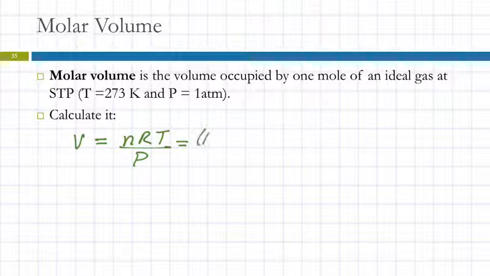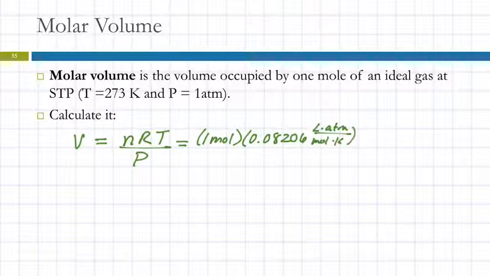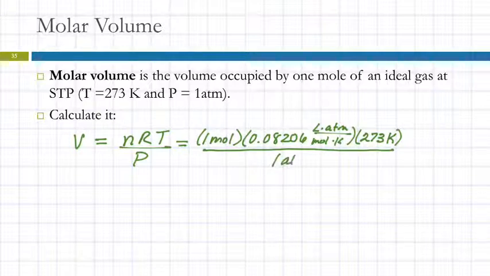n is 1 mole. R is 0.08206 liter atmospheres per mole Kelvin. Temperature is 273 Kelvin, not 0 degrees Celsius. If we stuck 0 in there, then our volume would be 0, and that's not possible. And 1 atmosphere.